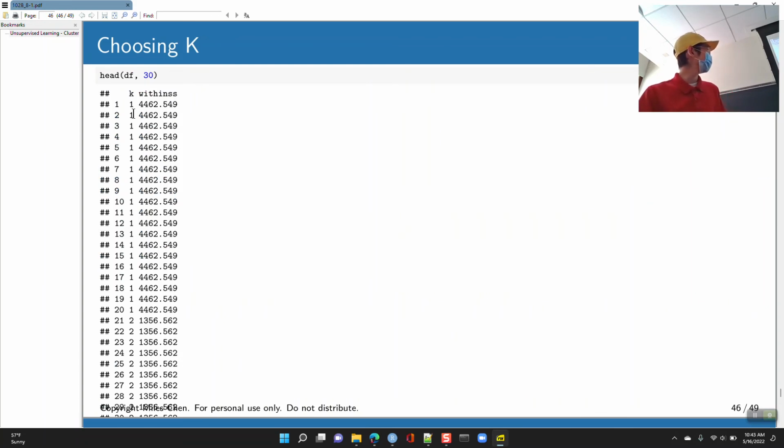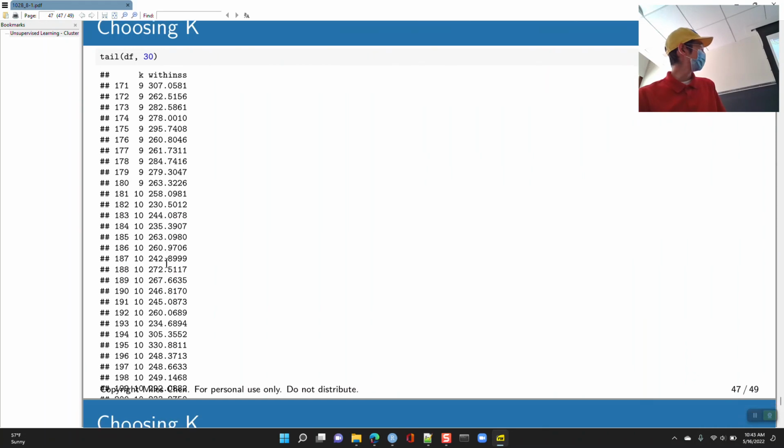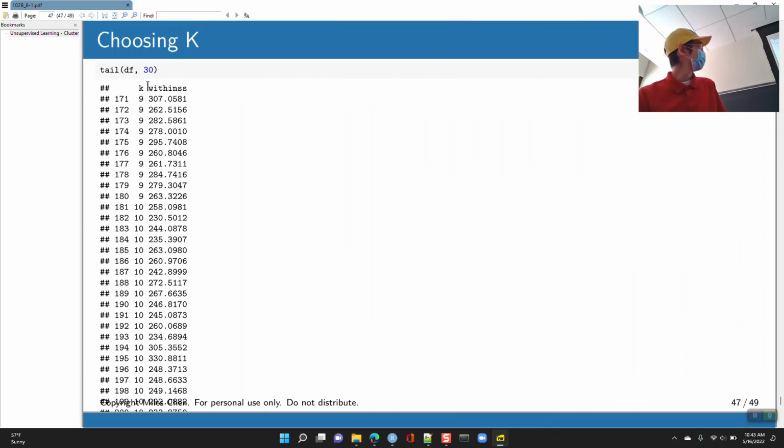For k equal to 1, all 20 results ended up exactly the same, which is exactly what we would expect. With k equal to 2, at least these first few look like they're all exactly the same. Then looking at the tail end, with k equal to 9, we get some variation: 307, 262, 282, 278.